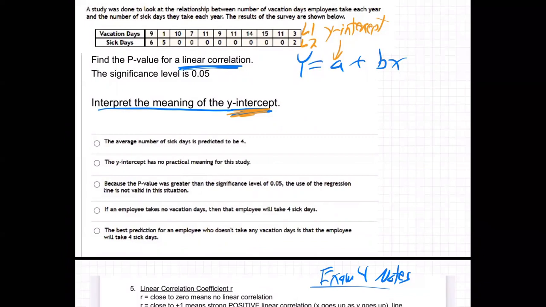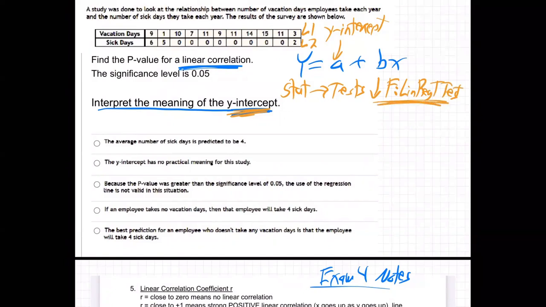All right, and then so L1, L2 in your calculator, and then go to stat. Test, go down. I think it's F, isn't it? Yeah, F, which is linear regression t-test.